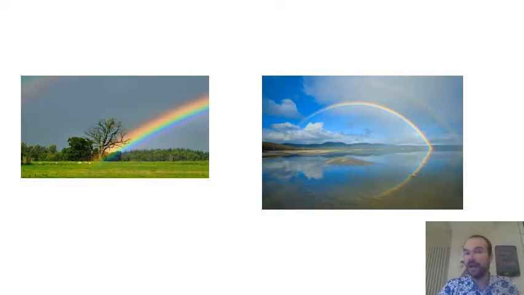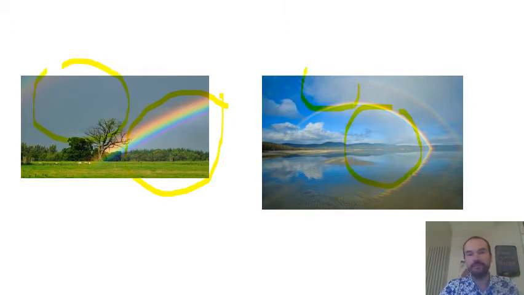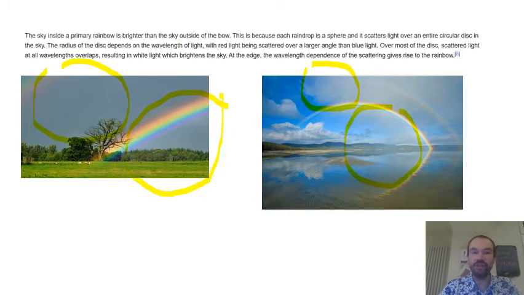Also, another thing, I don't know if you've ever noticed this. Here's two rainbows. Have you ever imagined that it was lighter here than it is here? Well, you haven't imagined it. That is actually true.